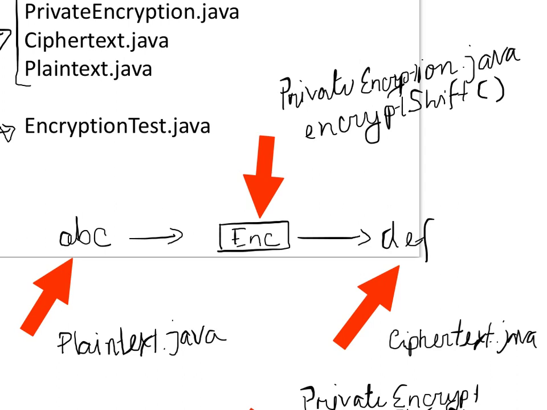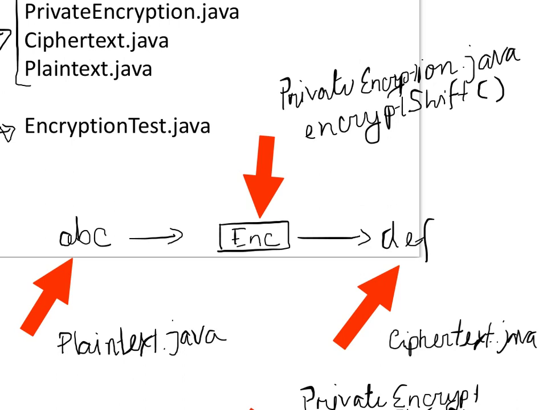Once you feed this text to encryption, this box will give you an output, and this output is another text, DEF. DEF has been generated from ABC by shifting each character by 3 places in the alphabet, so ABC becomes DEF.